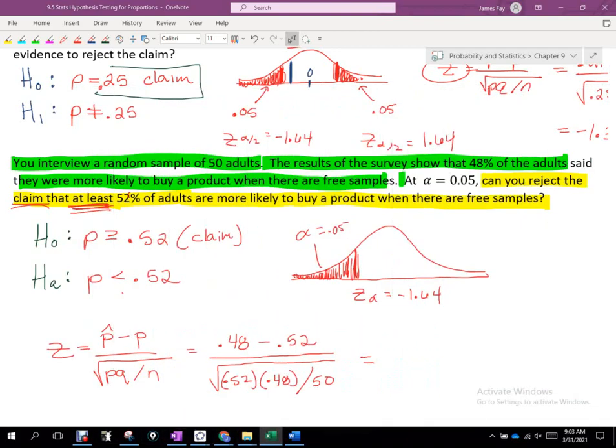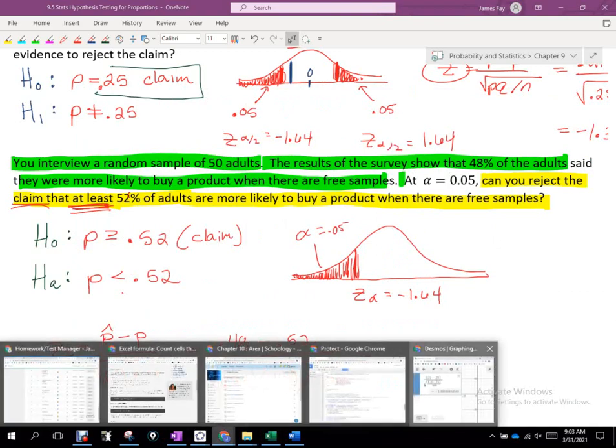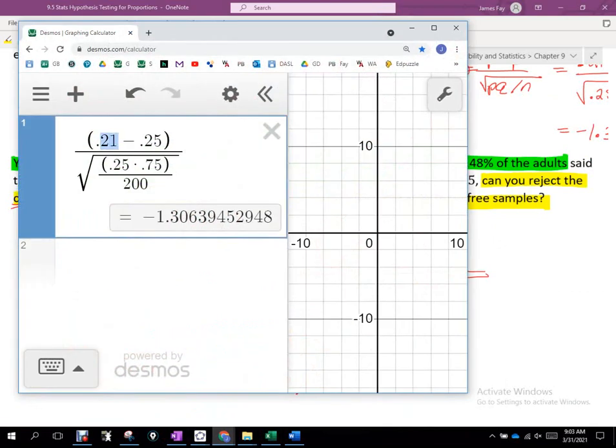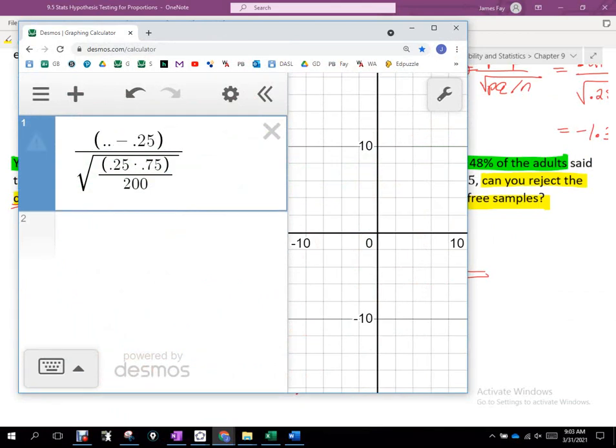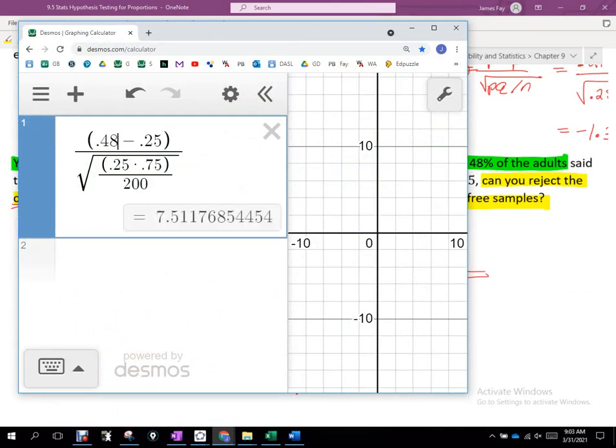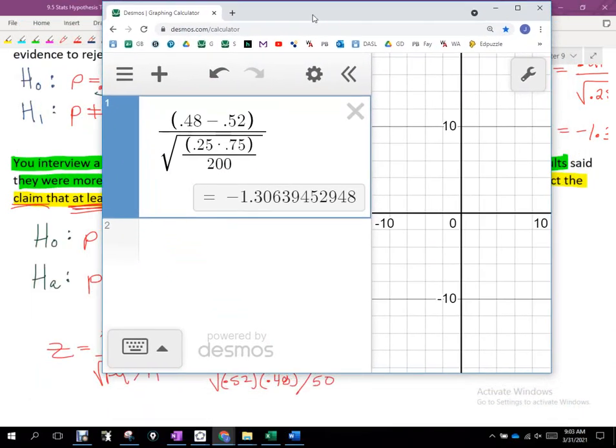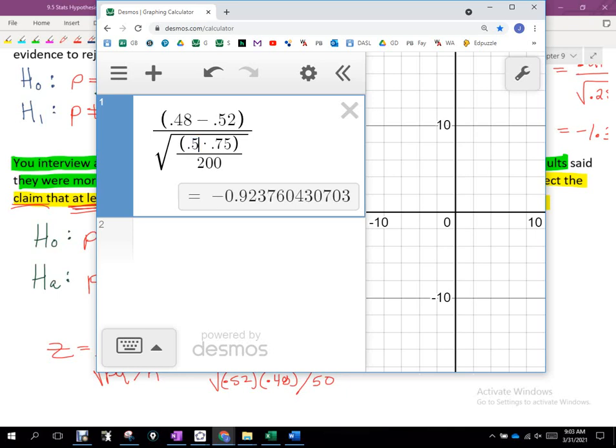So, Desmos out. This turns into 0.48, 0.52, 0.48, and then 50. We're at negative 0.566.